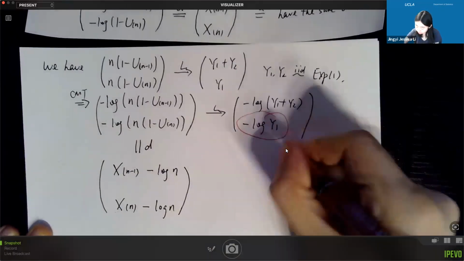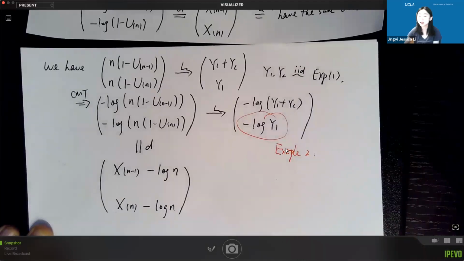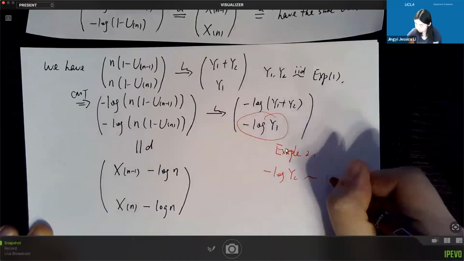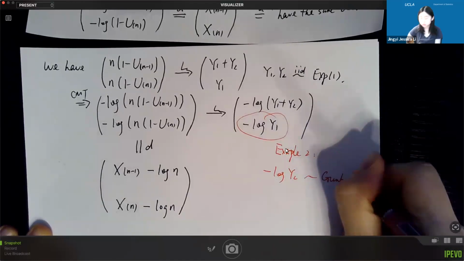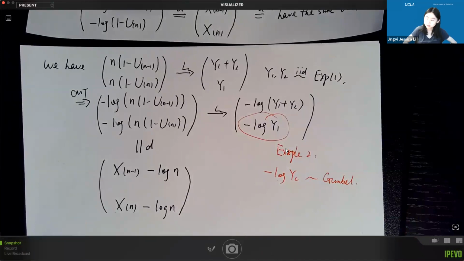If you recall example 2, negative log Y_2 follows Gumbel. So Gumbel distribution can be defined as: take an exponential 1 variable, take its log, and take the negative, and that gives you the Gumbel distribution.